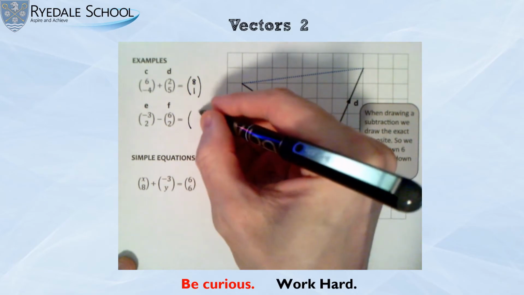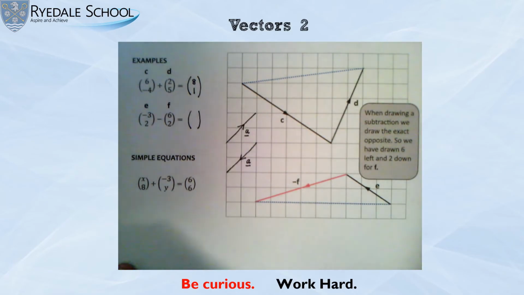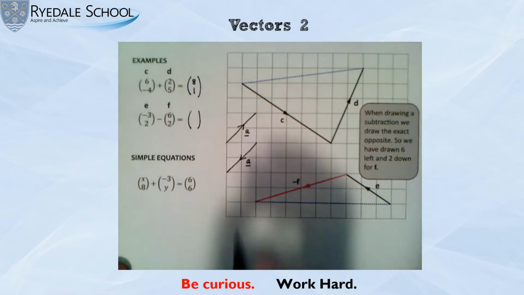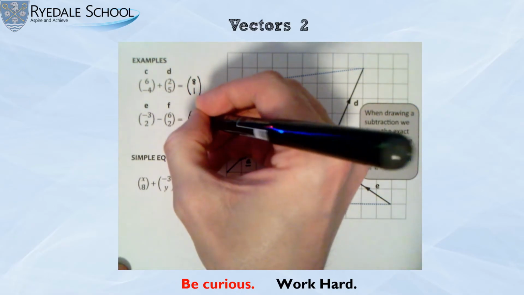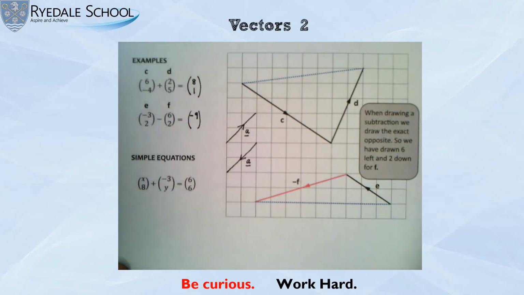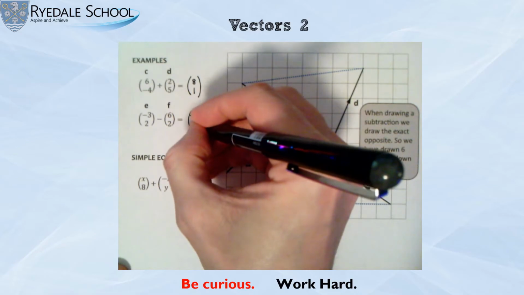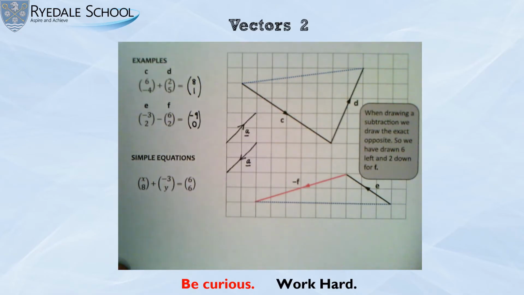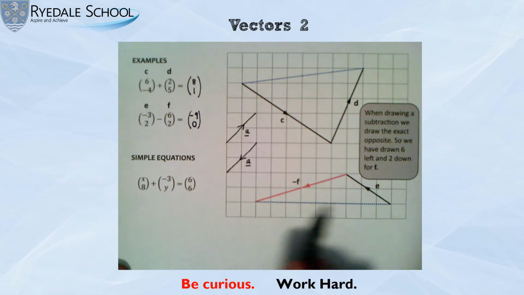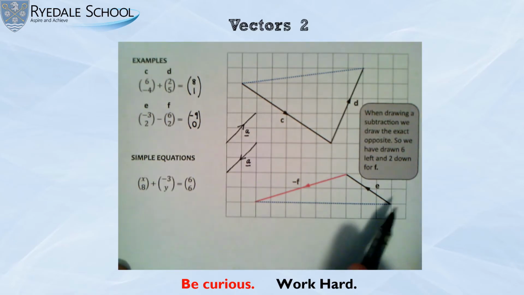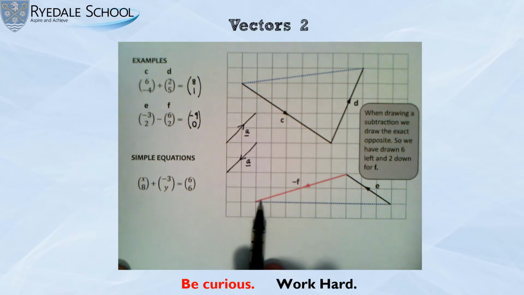So let's try subtracting these components and comparing it to the diagram. Negative 3 take away 6 is negative 9. And 2 take away 2 is 0. Does that agree with my diagram and the resultant? Well, I've got a horizontal line, so that definitely means the y change is 0. And 4, 5, 6, 7, 8, 9.